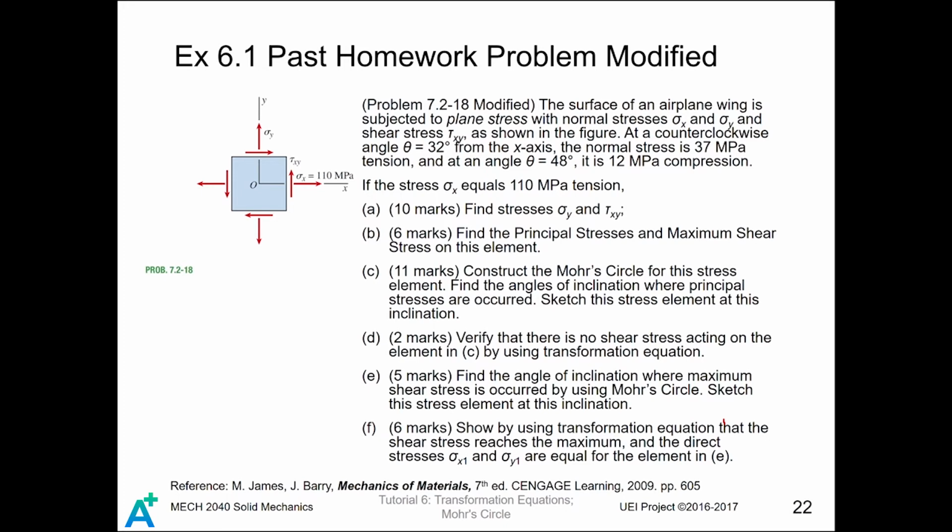At theta equals 48 degrees, the normal stress is 12 megapascals in compression. It is given that sigma x equals 110 megapascals tension. We are going to find sigma y and tau xy, as well as the principal stresses and maximum shear stresses.